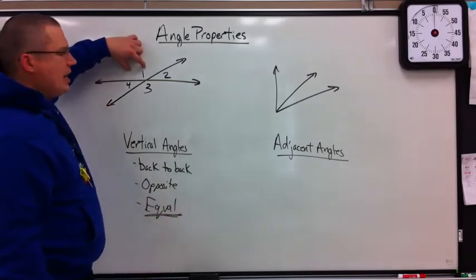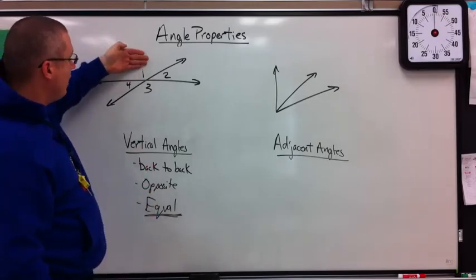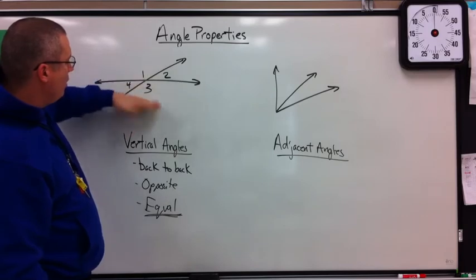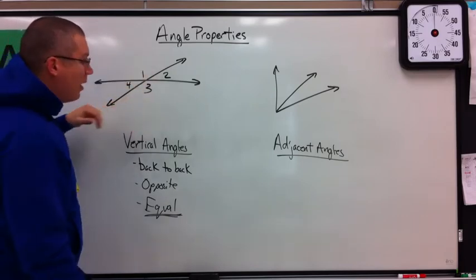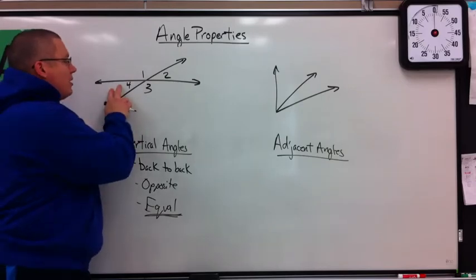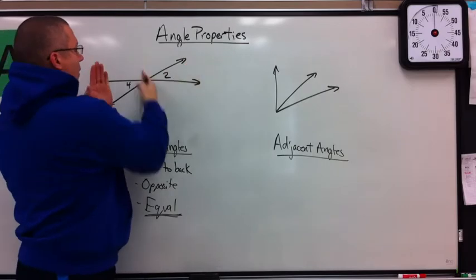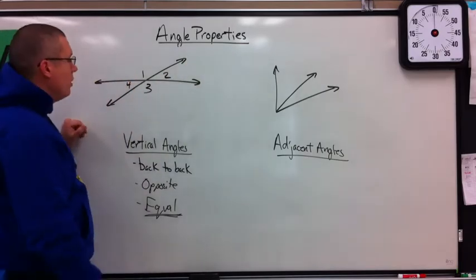So angle 1 is equal to, well, what angle is back to back or opposite of it? Well, here's angle 1, the opposite is angle 3. So angle 1 and angle 3 are equal because they are vertical. Angle 4 is opposite or backwards of angle 2. If it was a piece of paper and I folded it, they would be equal.